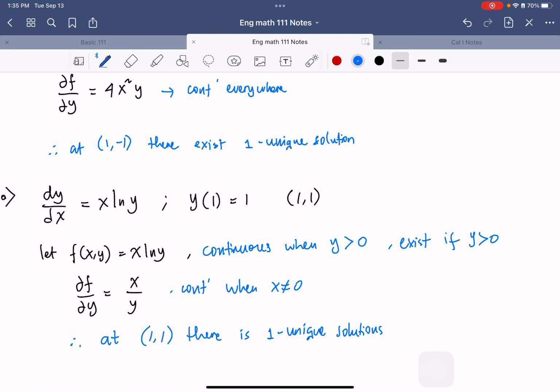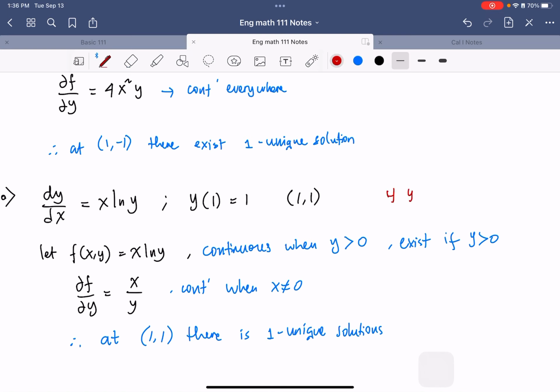But, for example, if the point changes to negative, the initial condition becomes negative, then it will not be matched. So for the negative part, for example, if it is going to be negative, like this one, maybe (1, -1), or maybe some other number that makes y negative.